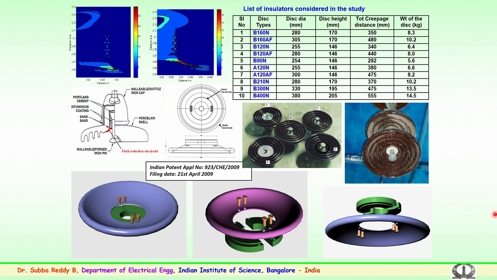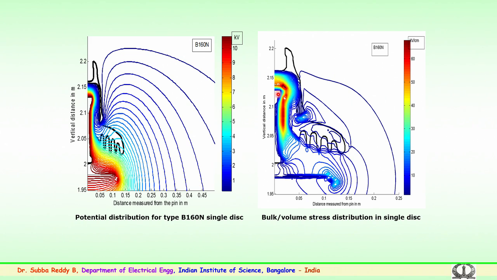The scintillations or partial arcs which were seen at the inception have been completely reduced, and ultimately the flashover performance of the insulator, in case of all the 10 different types which are used for EHV and ultra high voltage, has seen an improvement with the use of the field control element.